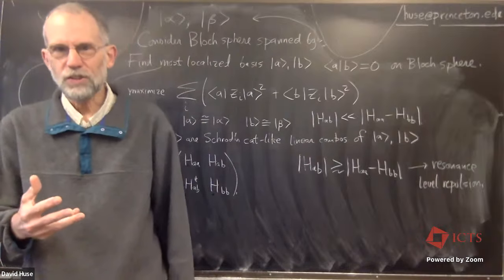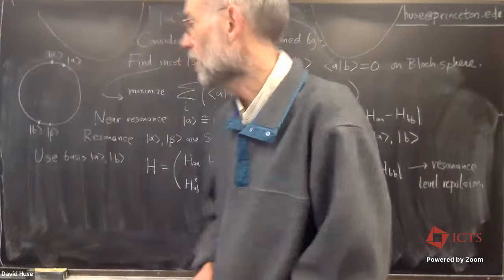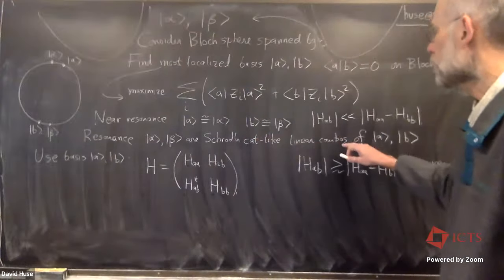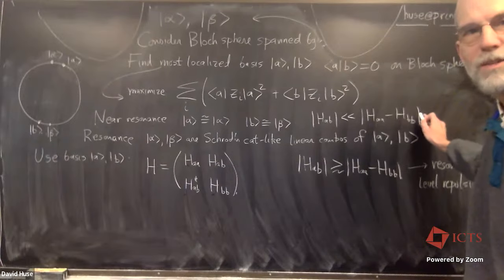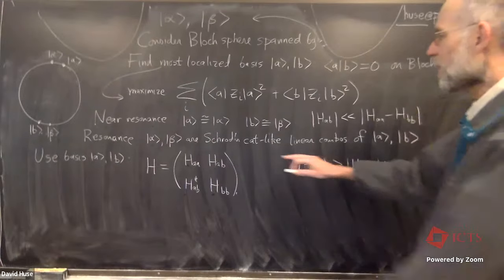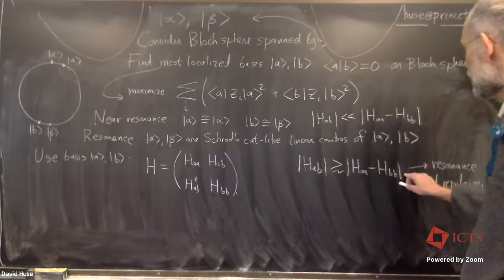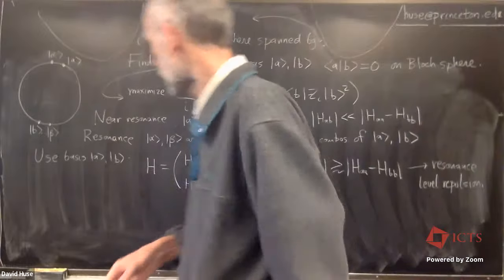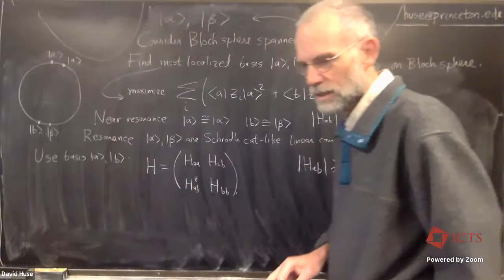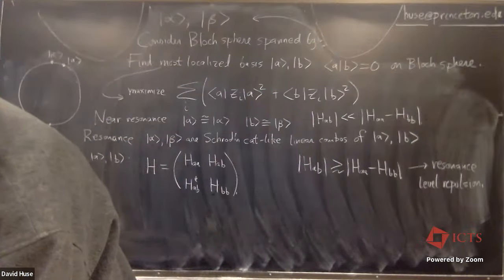The level statistics are close to Poisson level statistics without level repulsion, because most pairs of nearby eigenstates are not resonant. But there are rare pairs of eigenstates that do have resonances and do have level repulsion. So this gives a systematic way of going in and finding that in your numerical data.